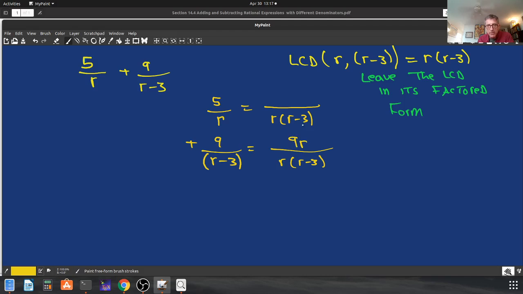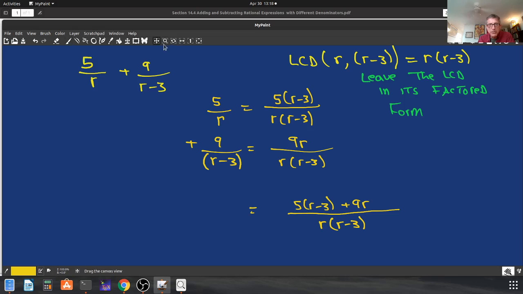r times r minus 3 divided by r is r minus 3. So this is 5 times r minus 3. So the answer is, here I have my LCD, r times r minus 3, is equal to 5 times r minus 3 plus 9r.